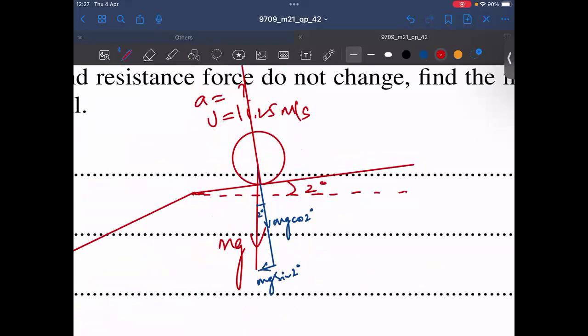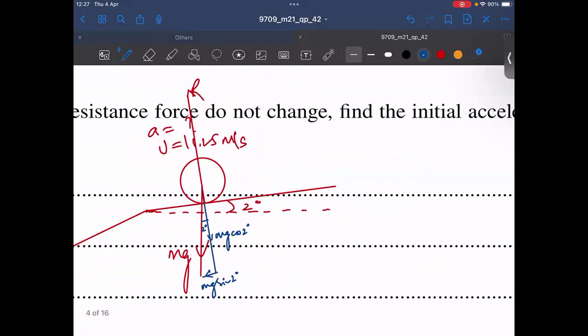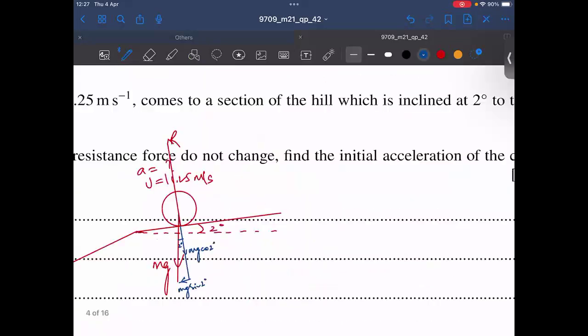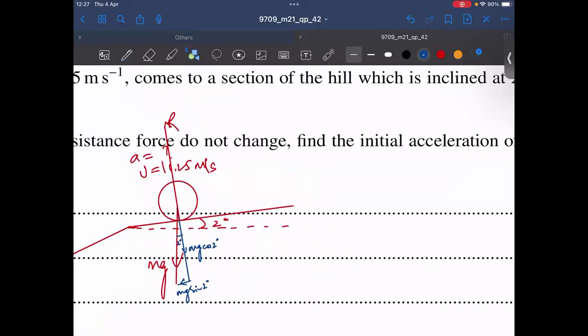Now I'm going to apply Newton's second law again. This is the engine force, and this is the force of friction.